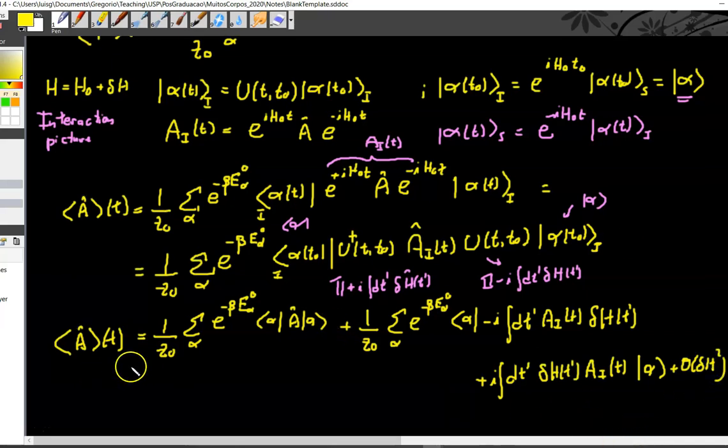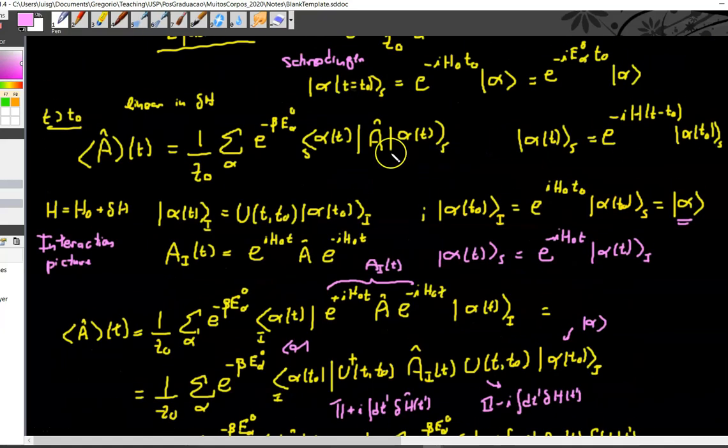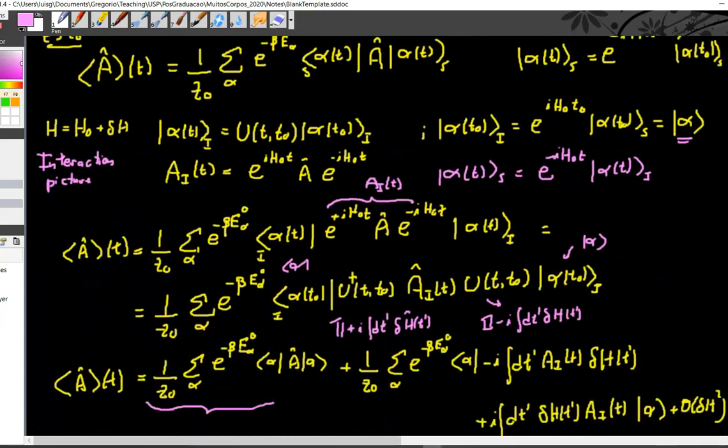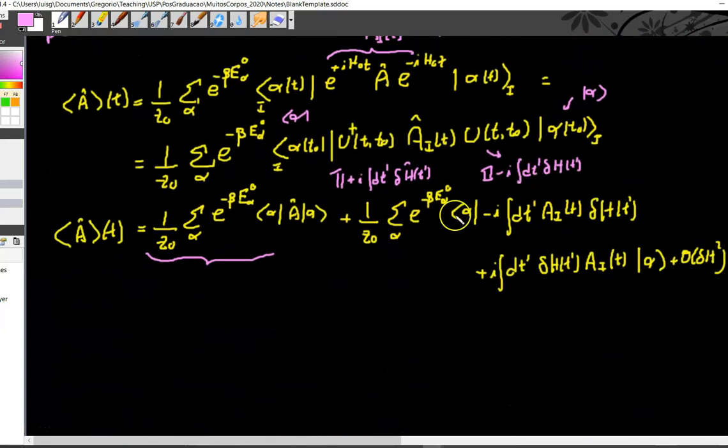Now notice that this term is simply the equilibrium value. This is weird. Let's do it like this. This is the equilibrium value, right? This here, right there. The equilibrium value. So this is in this approximation.